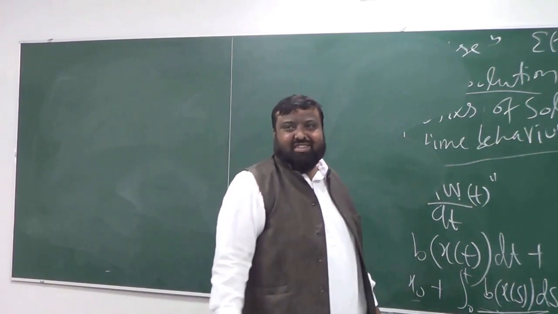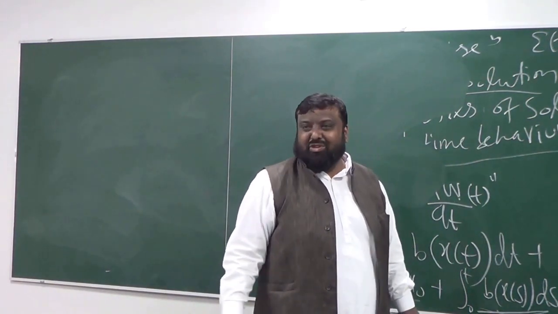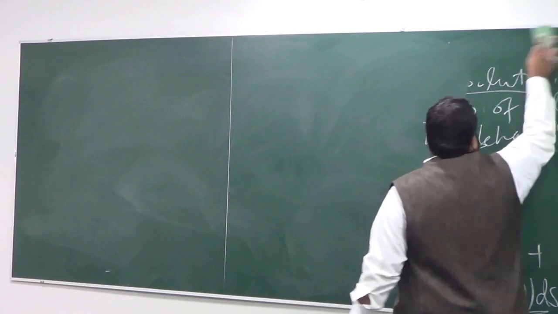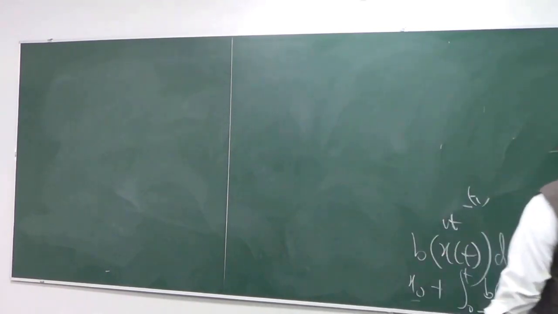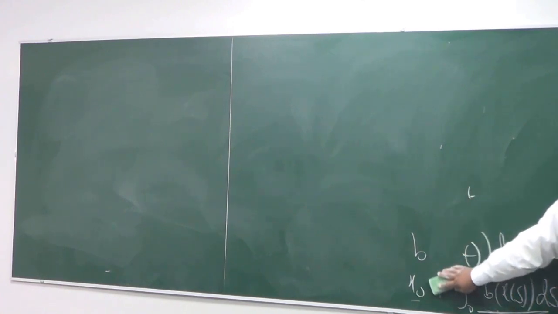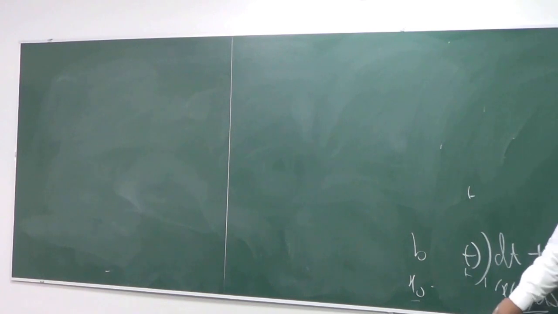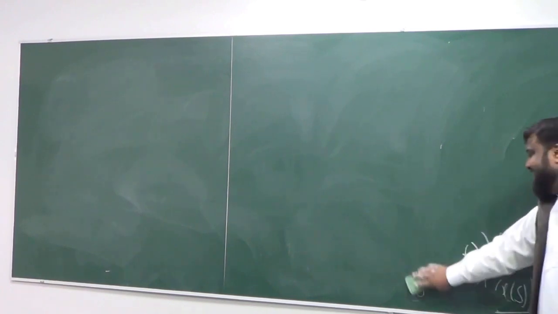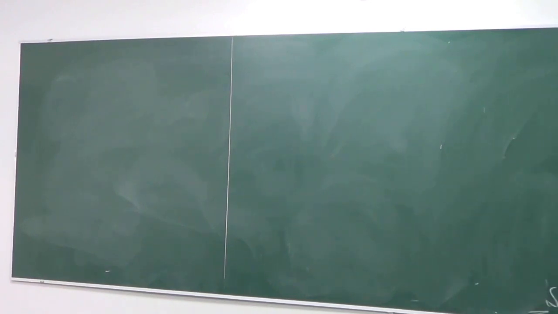The easiest choice of g(t) is t. That's the Riemann straight line. But that means if you take g(t) equal to t, then we are talking about Riemann integration.